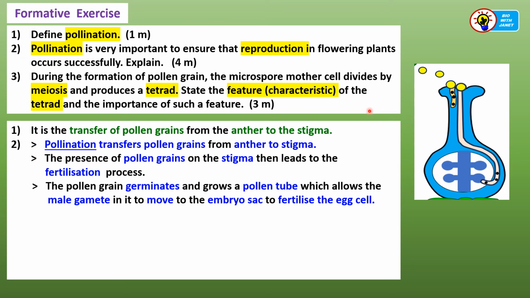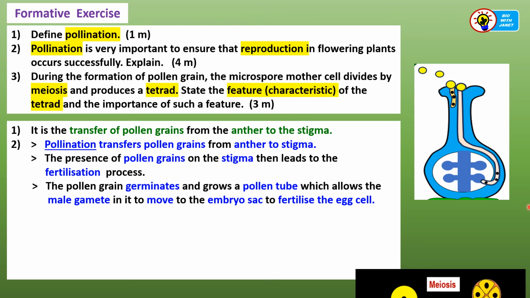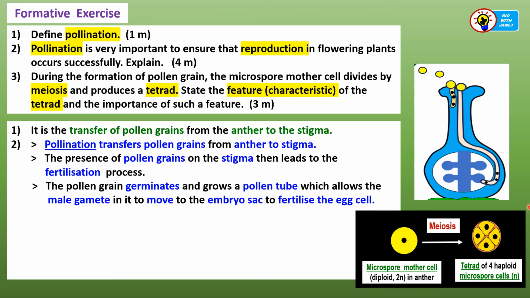Next question. During formation of the pollen grain, the microspore mother cell divides by meiosis and produces a tetrad. State the feature or the characteristic of the tetrad, the special characteristic, and the importance of such a feature. 3 marks. So here's a picture of the process of meiosis in the formation of the pollen grains.